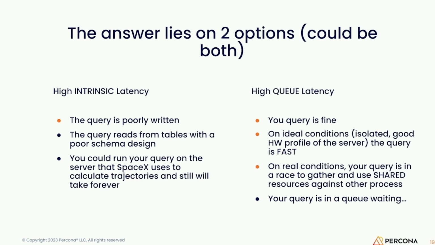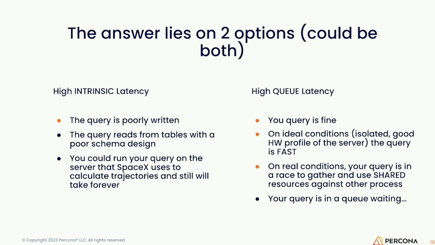If the query is bad, it doesn't matter if you're running on the fastest computer, a 24xlarge instance on Amazon. It's going to take forever. So that's intrinsic latency. How do you solve that? Query review, the classic one, EXPLAIN, let's see what it's doing, etc. Now, queue latency.